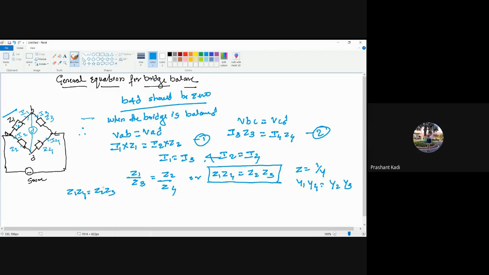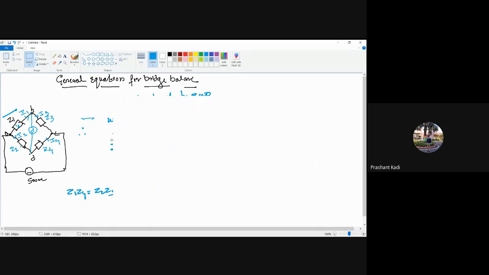Once you have this equation, we can easily find any unknown parameters in any of the bridge networks. Further, you can also write these equations in terms of rectangular or polar forms.